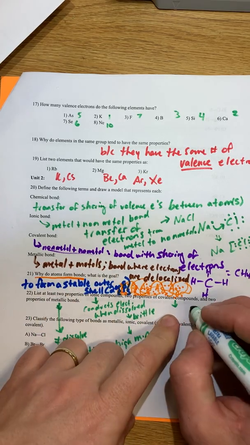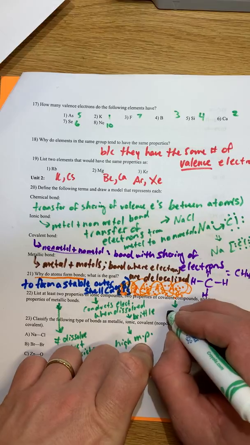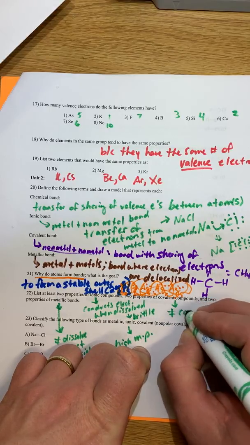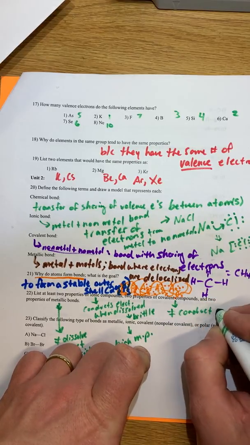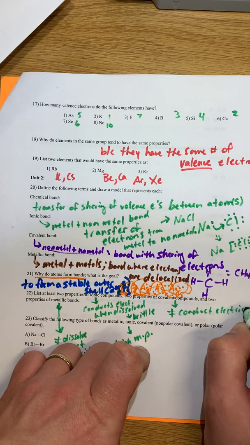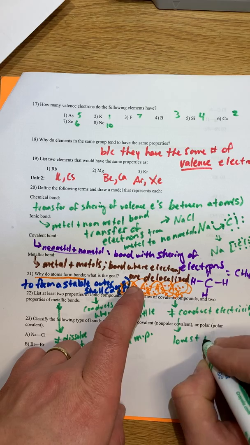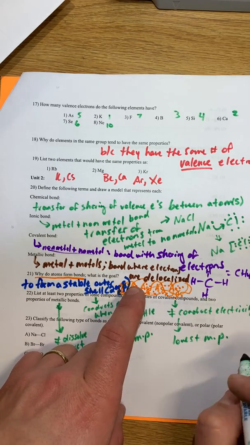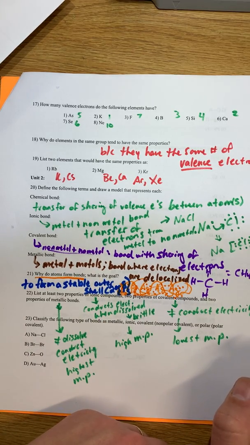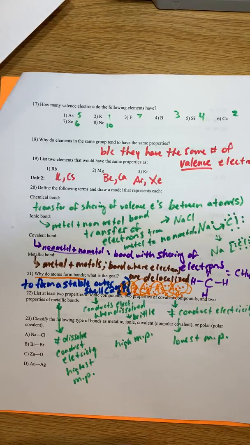Now, covalent compounds, they do not conduct electricity. They have the lowest melting point. They don't even conduct electricity when they're dissolved. They tend to be organic substances, meaning they tend to be the compounds of life.